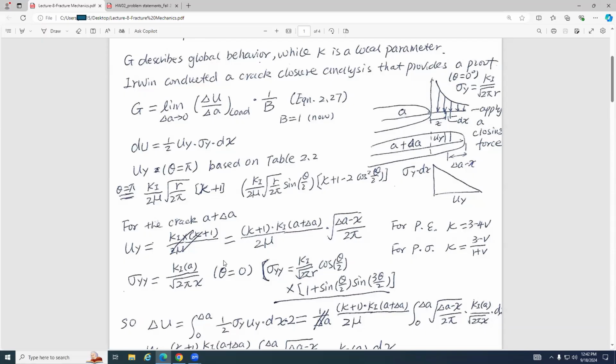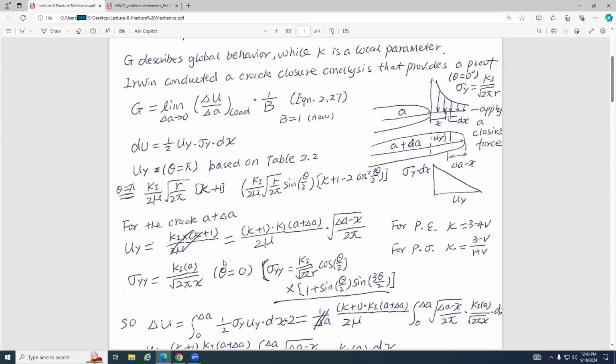So for kappa, we have two values. For plane strain, we have this value. For plane stress, we have this value. Now this is uy because we want to calculate this one. We know uy, and then we need to calculate the sigma yy. And sigma yy is Ki over square root of 2 pi x.